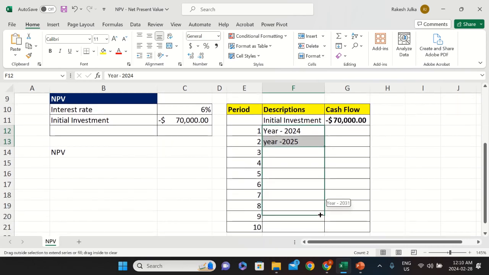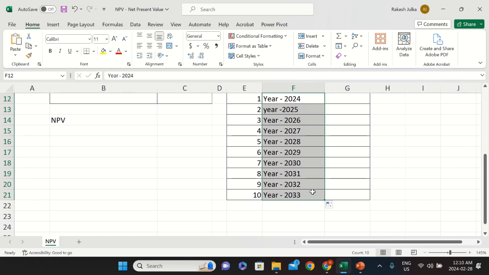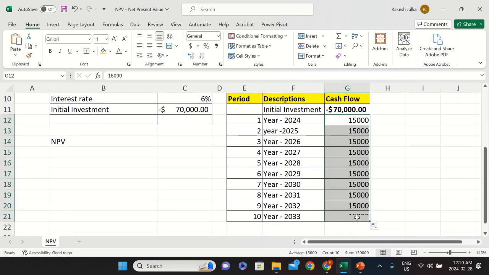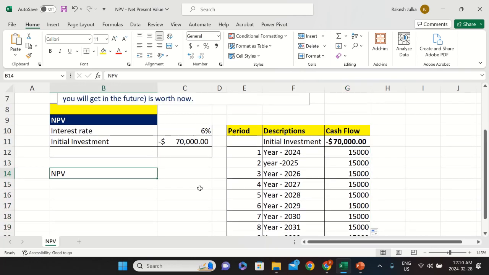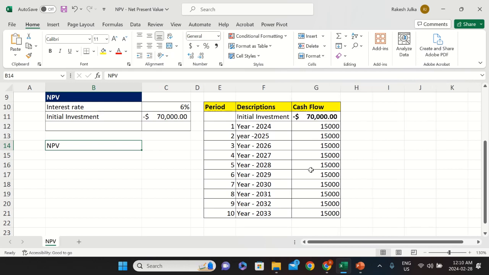Okay, so let's see, by the end of 2033, we are expecting $15,000 every year. So I'm just dragging this one, and the $15,000 every year we were expecting. So what will be the net present value of all the future cash inflow? So this is the expected range.